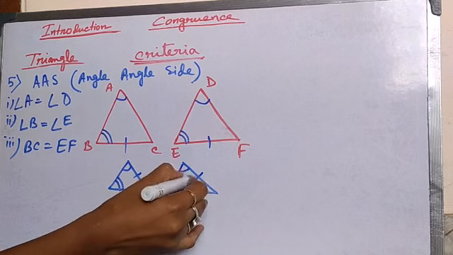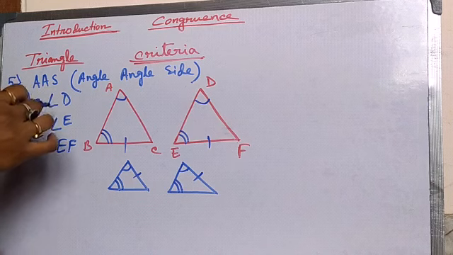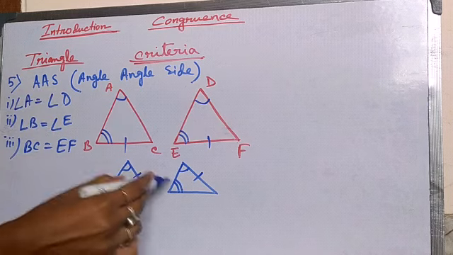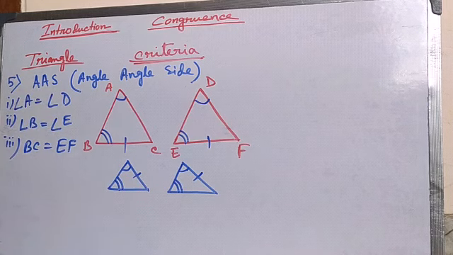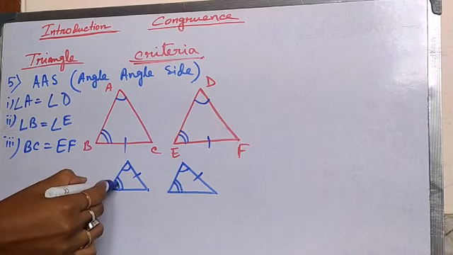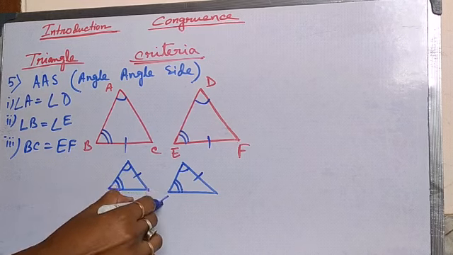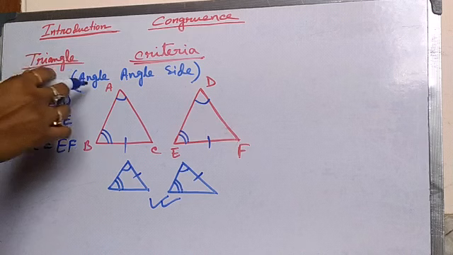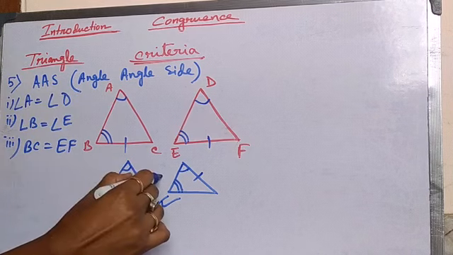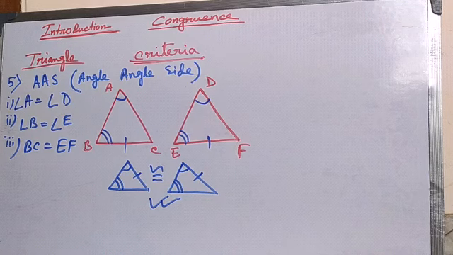If this side is also equal, then by this criterion these two triangles are congruent. Earlier I told this one side, and now I am telling this other side. So this figure is also correct for this criterion. Both are congruent triangles.